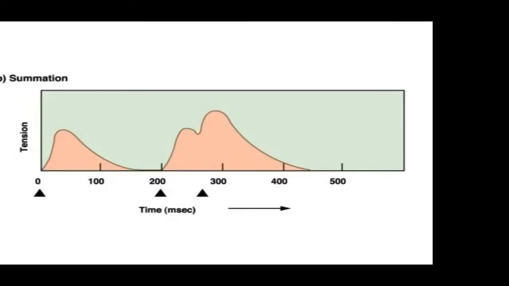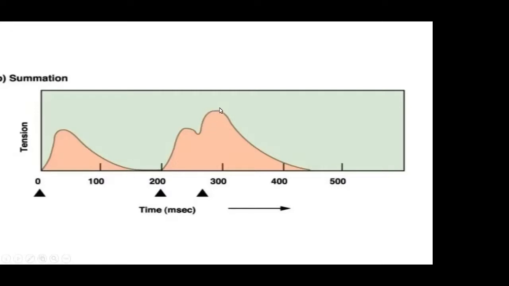When the second stimulus is applied during the relaxation phase of the curve due to the first stimulus, the relaxation phase is cut short. You can see in this picture, here the relaxation phase is cut short.